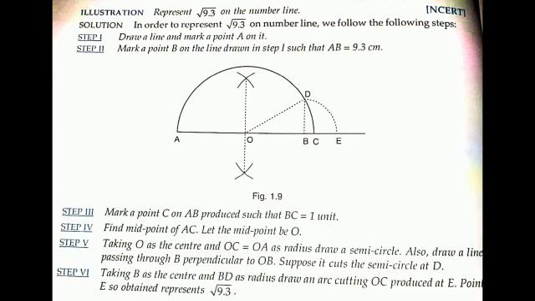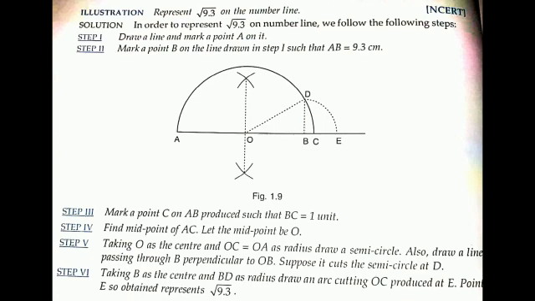Mark a point B on the line drawn in step 1 such that AB is equal to 9.3 units. Let us consider this here as 9.3 centimeter. Moving ahead, mark a point C on AB produced such that BC is equal to 1 unit.